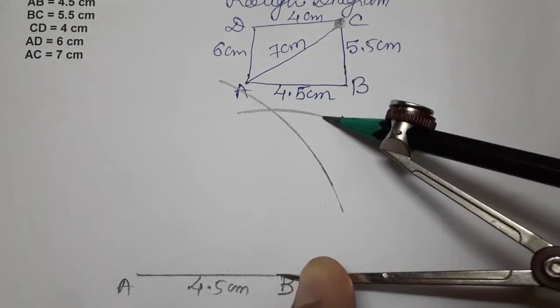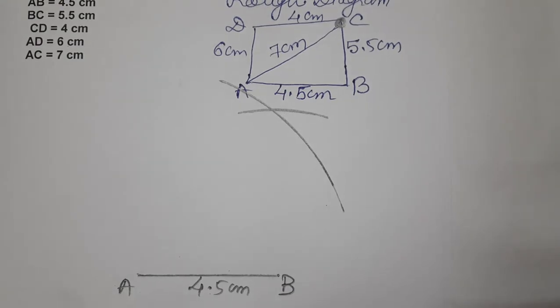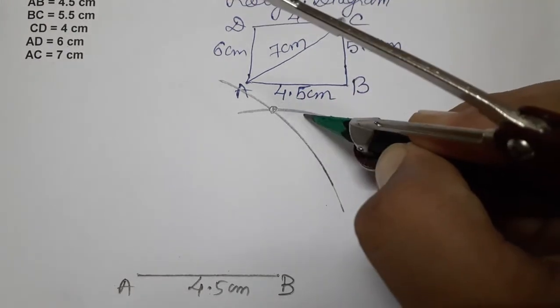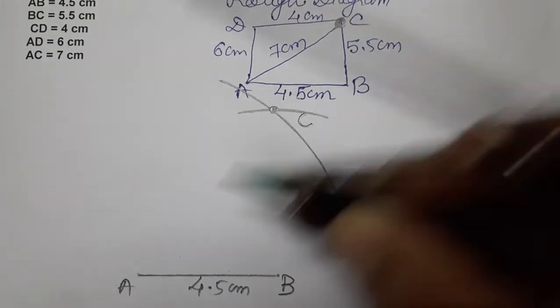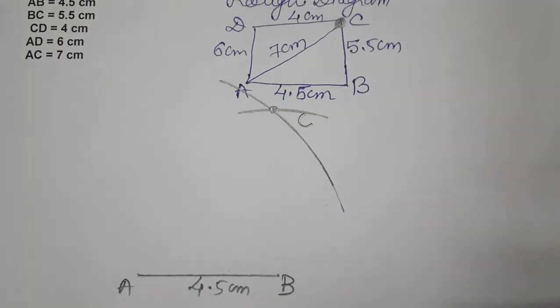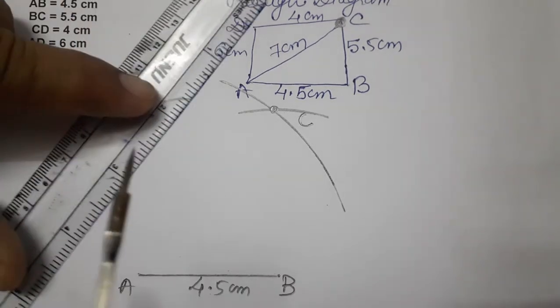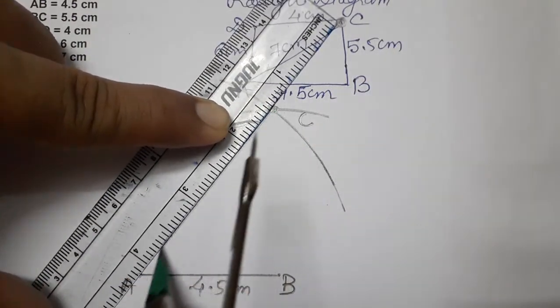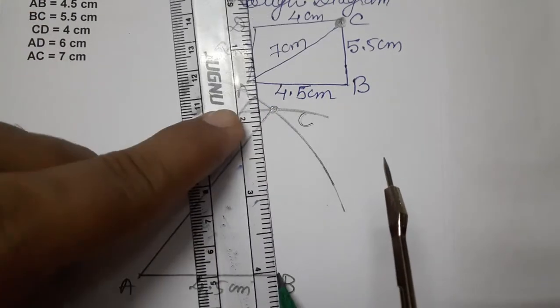So this is the previous arc we have cut. Now what point did we get? This is point C. Now join A to C first, and B to C.